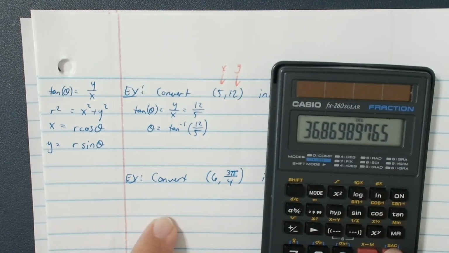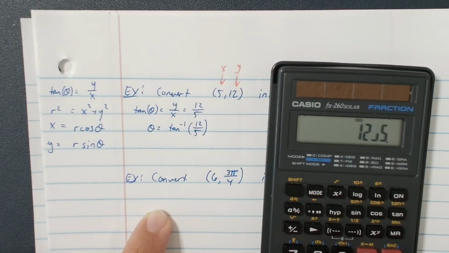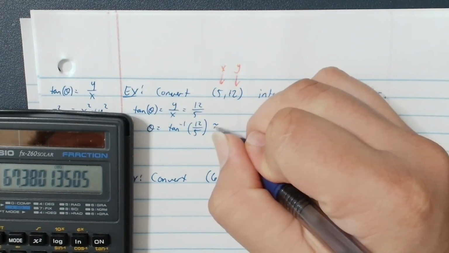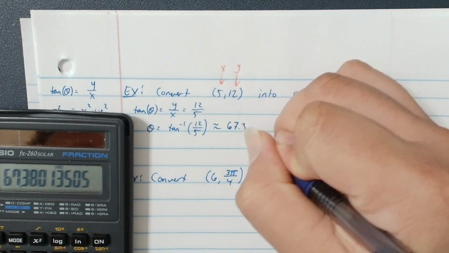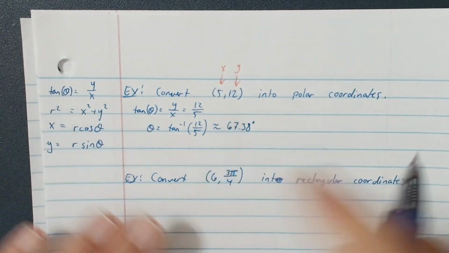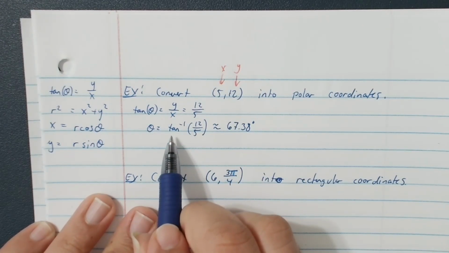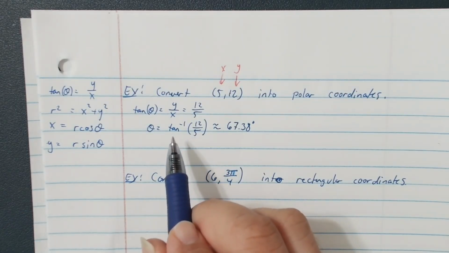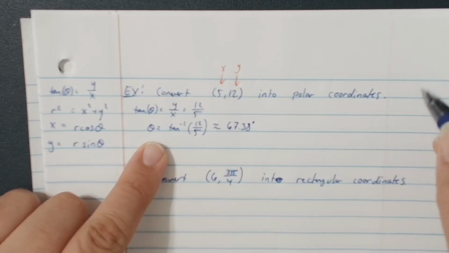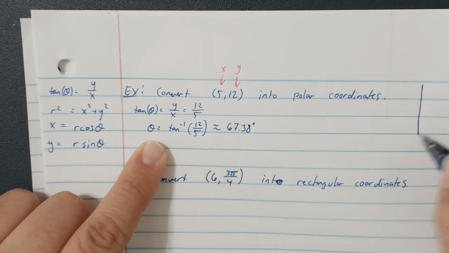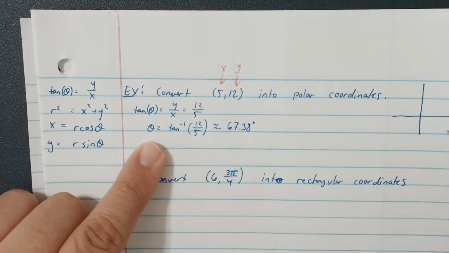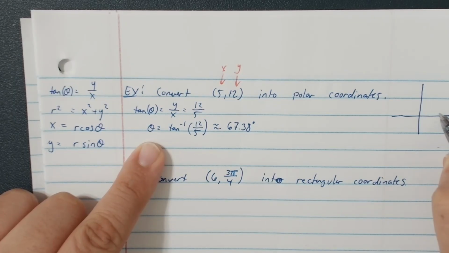So if I take the inverse tangent of 12 over 5, I get this answer here, approximately 67.38 degrees. Now you got to be careful, because remember, inverse tangent has more than one solution. So we have to check 2 things. First of all, we want to check to make sure we're facing the right direction. Here, 5 comma 12 means you went 5 units this way and up 12 units this way. You're going to end up in the first quadrant.